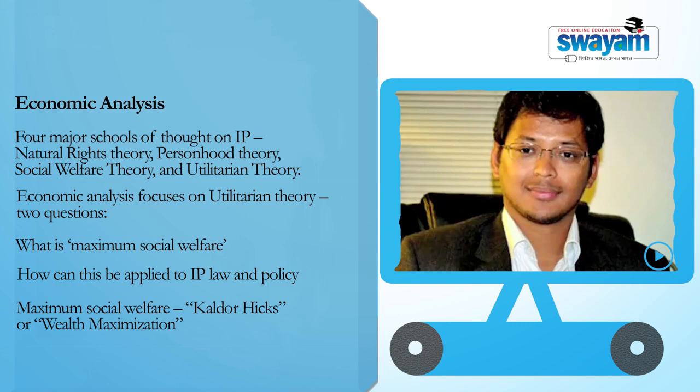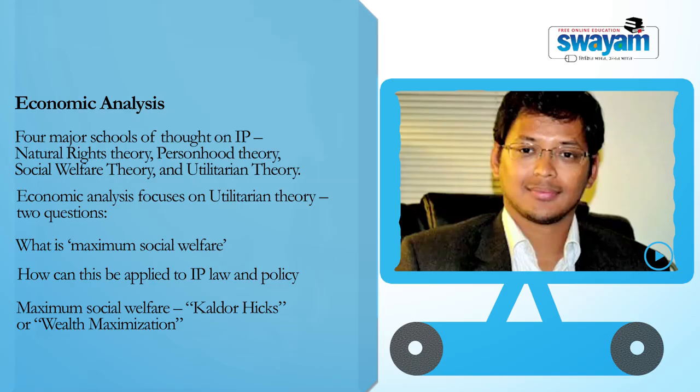However, several scholars have strongly contended that in any case, using the Kaldor-Hicks criterion as a method of maximizing social welfare, when this is converted into practice, into actual policy on the ground, starts tending towards wealth maximization. Therefore, wealth maximization is also a policy method which can be looked into while discussing the law and economics approach.